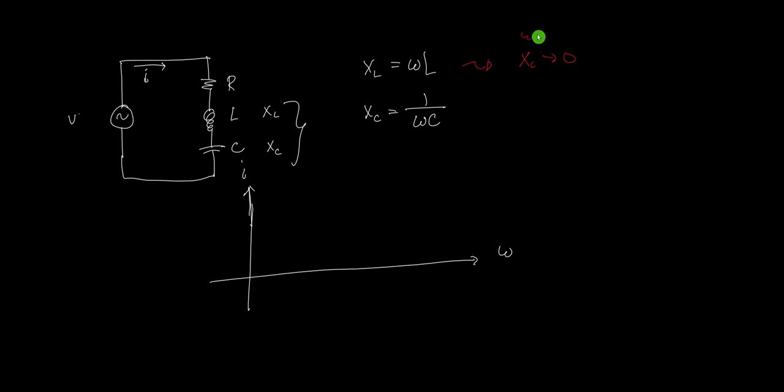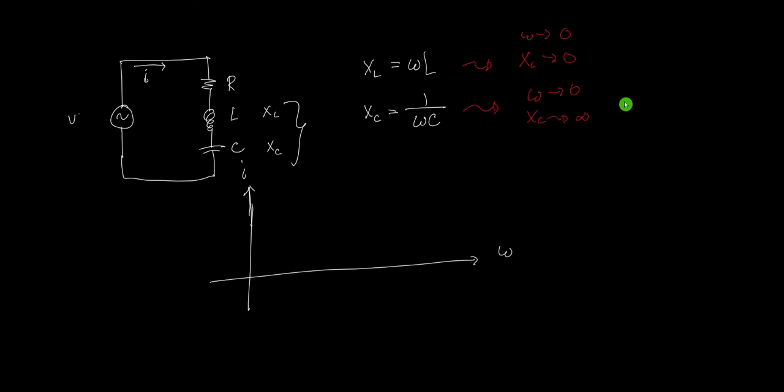When omega is approaching 0, XL is also approaching 0. While for this one, when omega is approaching 0, what happens to our XC? When this approaches 0, and you take the limit of that, then our XC approaches infinity.